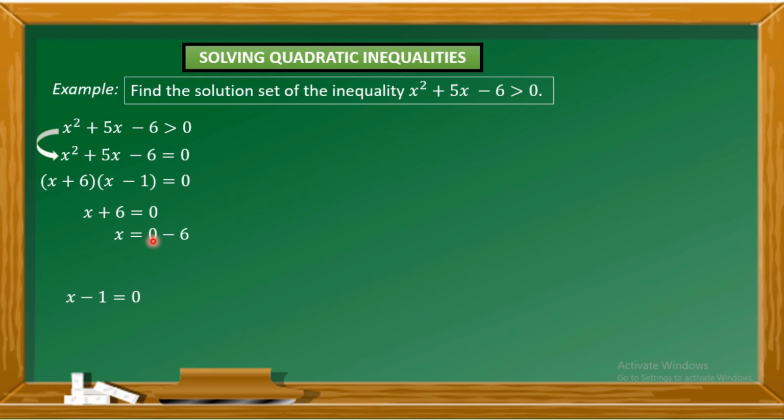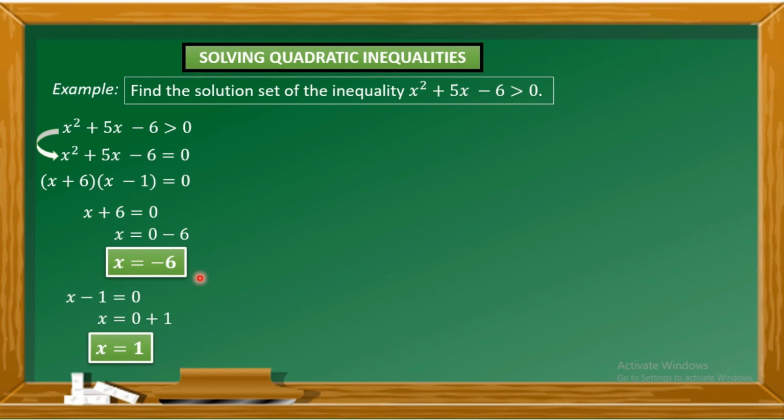So x equals 0 minus 6, and the final answer is x is negative 6. Here, transpose negative 1 to the right, it will become plus 1. So x equals 0 plus 1, and the final answer is x is equal to 1. So the roots of this equation are negative 6 and positive 1.